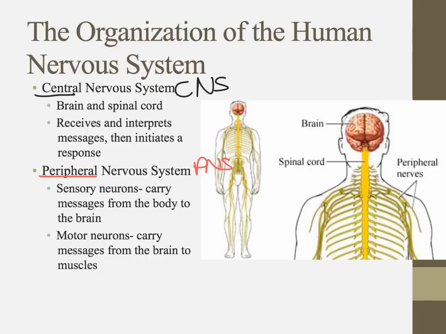These include everything except the brain and spinal cord. So all of these nerves out here are either receiving messages and taking them to the brain, like this way, or carrying messages from the brain, so going this way, to initiate a response.